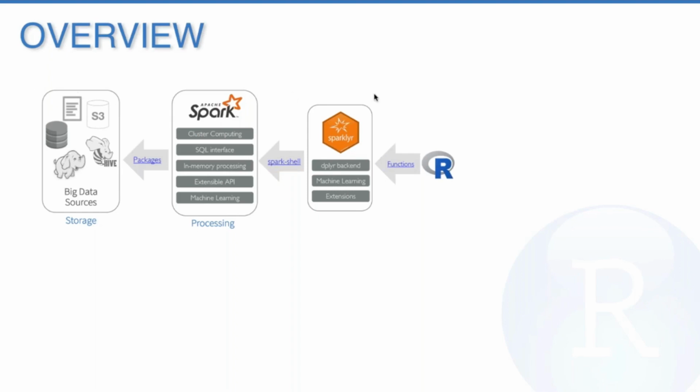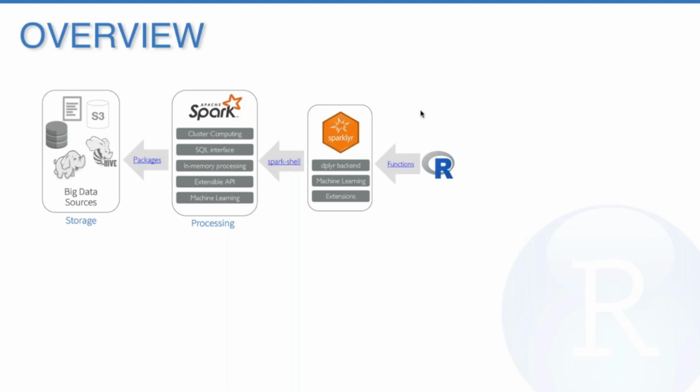And as a quick intro to Sparklyr, Sparklyr is an R package. You use Sparklyr to interface into Apache Spark from R. Think of Sparklyr as any other package that lives in CRAN, which is our package repository. And you can make use of Sparklyr to interoperate with Spark. So that's a really high-level overview of what Sparklyr is and what Apache Spark is.